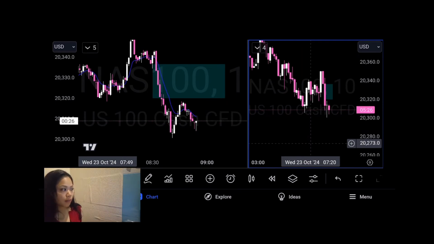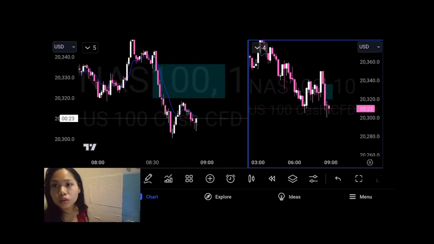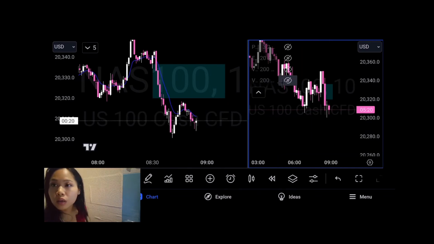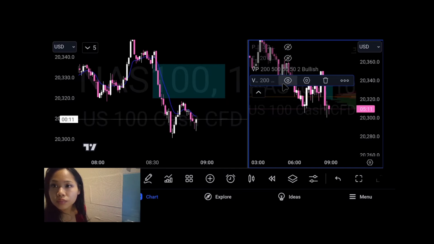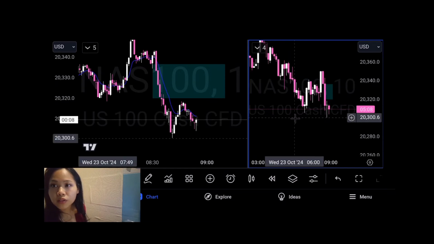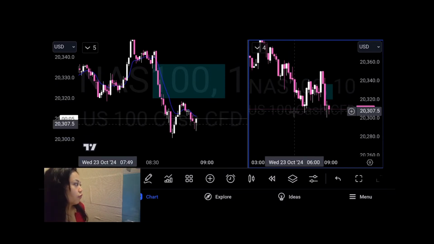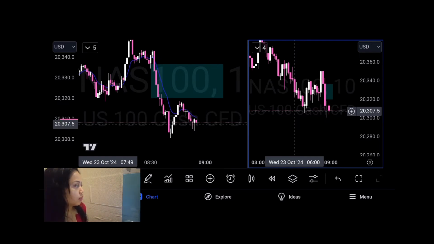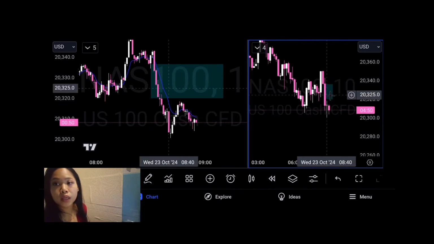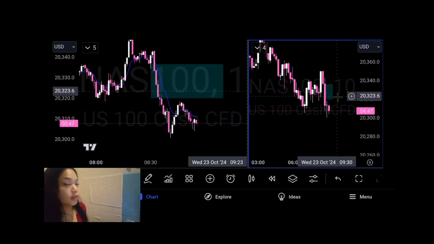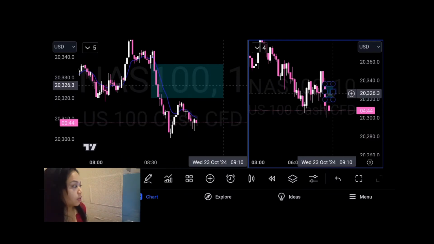I also see that the point of control in my volume indicator for my session volume profile, it's not on this chart, but on my other chart it does have a point of control being in this area, and there was a lot of volume happening in this area.